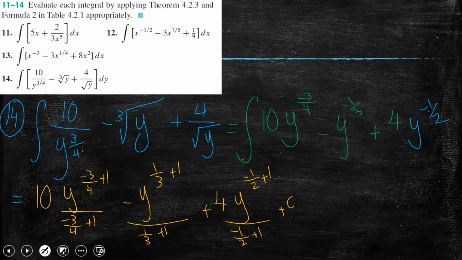Then let's now simplify it. Let's try now with the first term here. It is 10y to the power negative 3 over 4 plus 4 over 4, it is 1 over 4, over 1 over 4. And you can write it now as 10 over 1 over 4, which is 40.